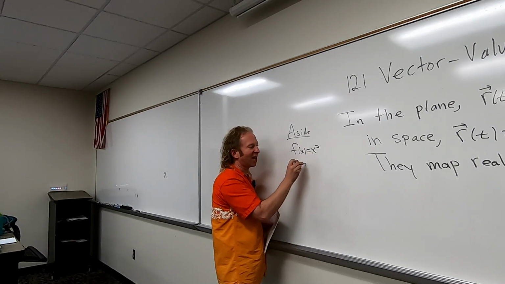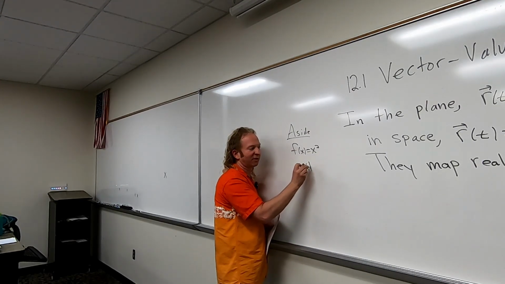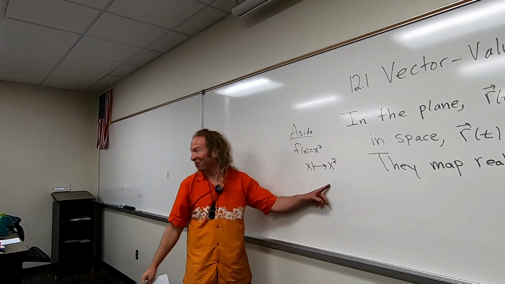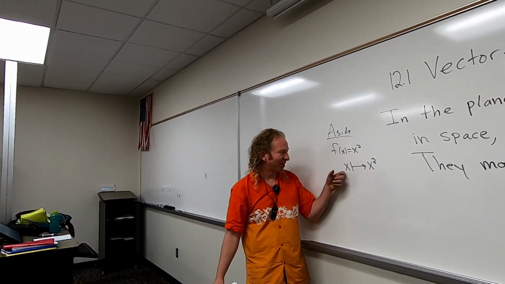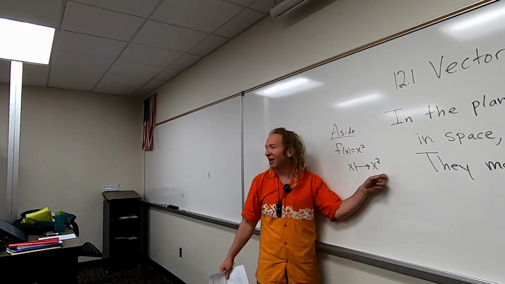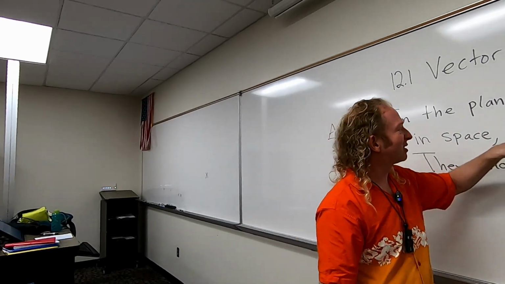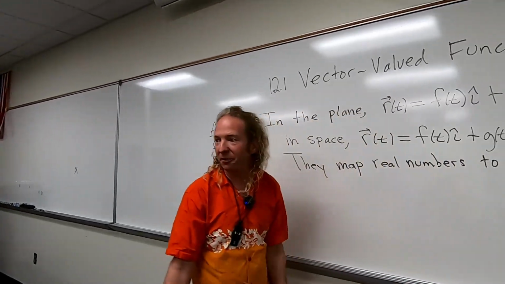It takes x and sends it to x squared. Have you seen that notation before? It's pretty hardcore. I've never done that in class, but now, first time. So it maps a real number to a real number, which we call x squared. This takes t and maps it to a vector.